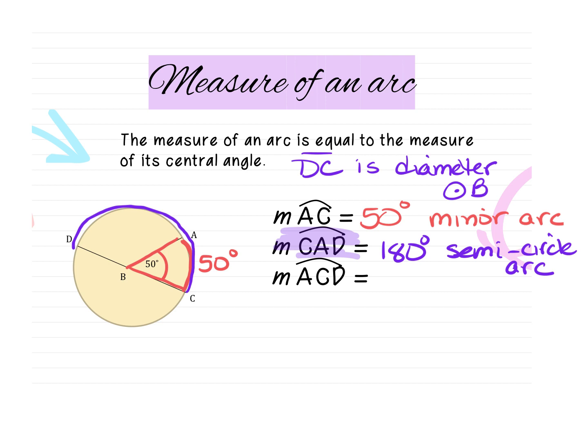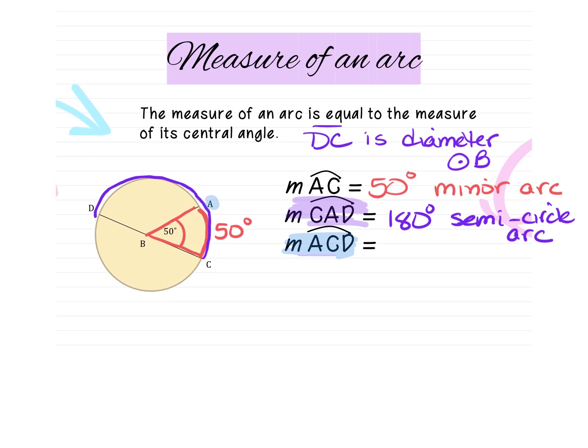And then the last one, they're asking me to find the measure of ACD, and again, I'm going to go in order. So I start at the A, I go to the C, then I go around to the D. Now, in order to find this measure, notice this is the diameter.